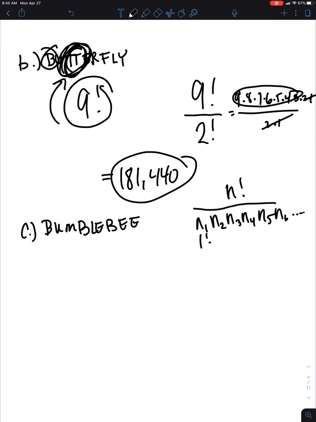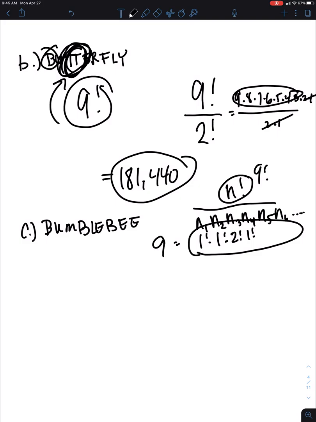How many U's? 1 factorial. How many T's? Well, there's 2 factorial. How many E's? 1 factorial. And so you keep going, and this number has to add up to whatever this is, which was 9. So this needs to add up to 9. But here's the deal. We don't write 1 factorial because 1 factorial is literally just 1. So we leave out the 1 factorials, but we do want to include anything that's a multiple or that wouldn't be just 1.